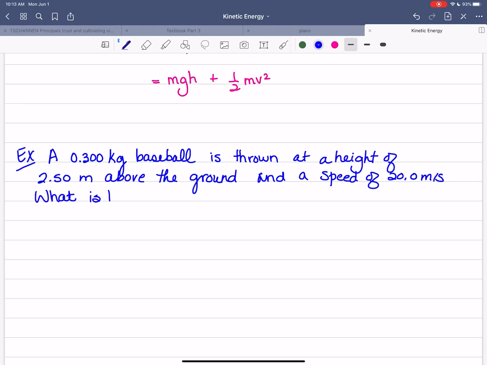What is the mechanical energy of the ball?